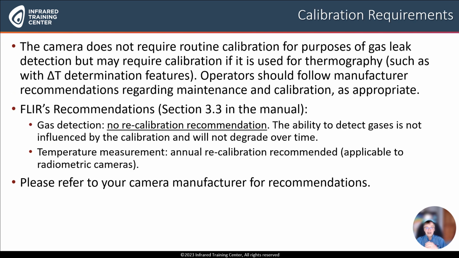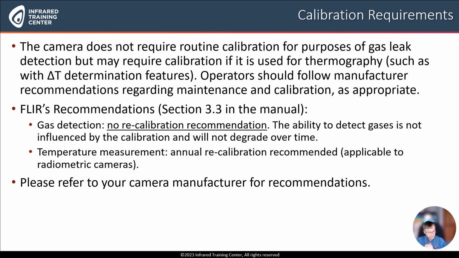Now, again, the camera does not require routine calibration, and it's really up to the manufacturer. In the case of FLIR, section 3.3 in the optical gas imaging camera manuals says gas detection, no recalibration recommendation. In other words, we're not recommending that you have your camera temperature calibrated. And that is because the ability to detect gases is not influenced by the calibration and will not degrade over time.